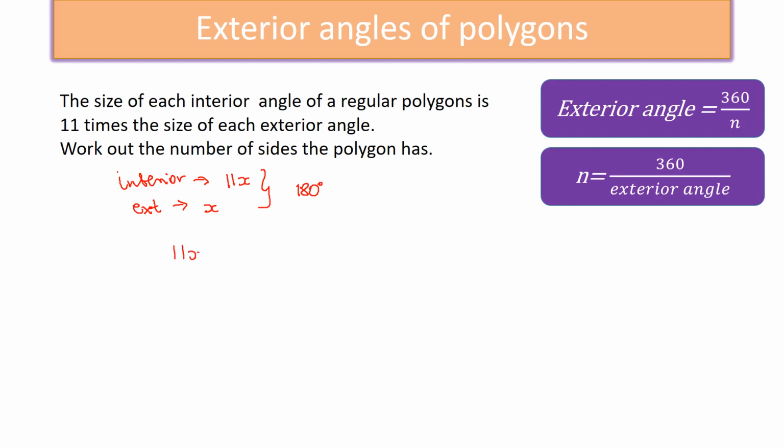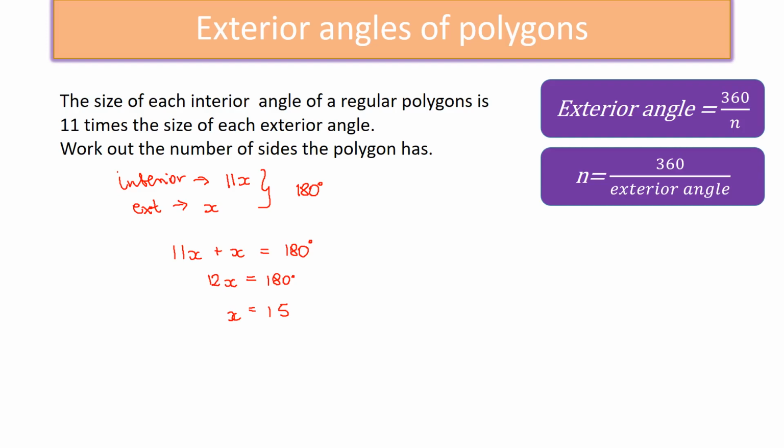So I can create an equation when I add those two, and they need to add up to 180 degrees. So 12x equals 180 degrees, so x equals 15. Now I want to work out the number of sides the polygon has.